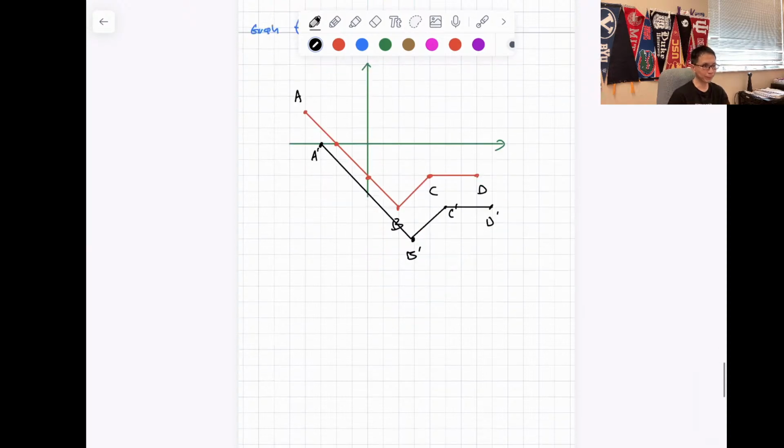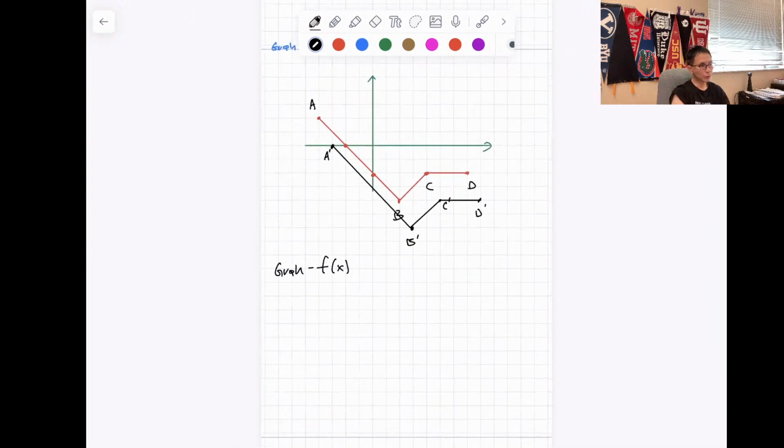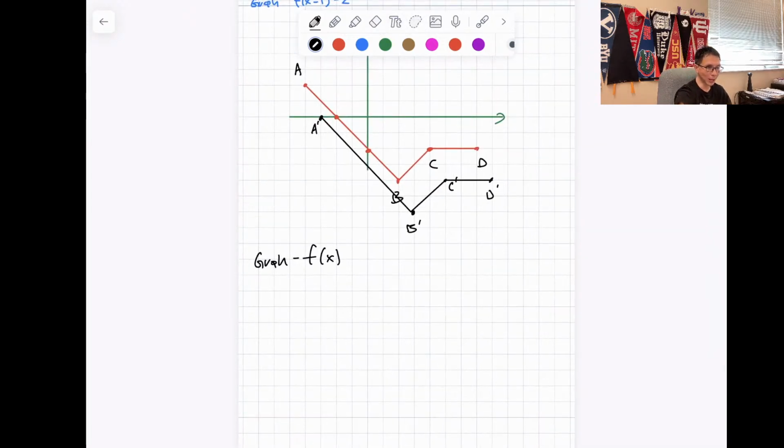Okay. Let's graph. What is negative f of x? What does that do? Reflect across the x-axis. So I'm going to paste here.